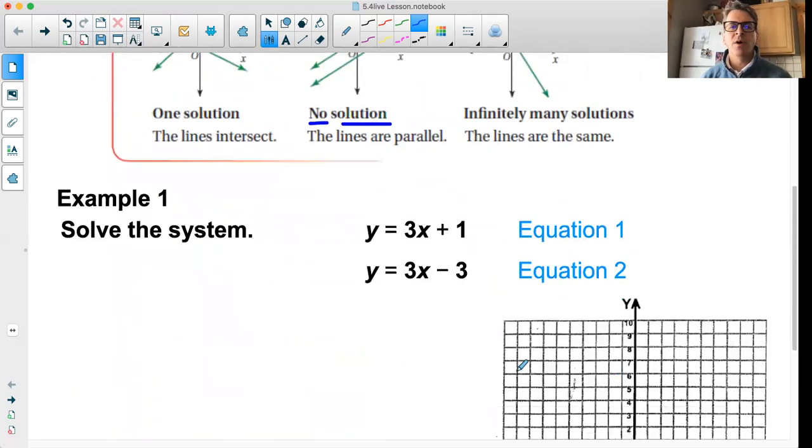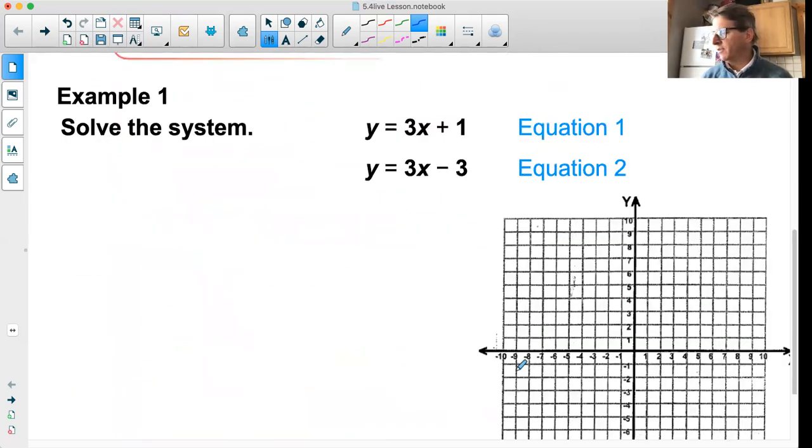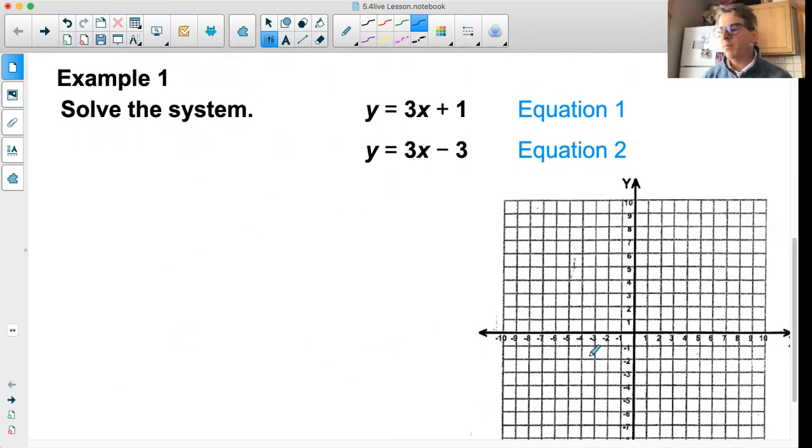Let's look at example 1. Most of this section in example 1, and I'm referring to page 226, starts out with graphing. On page 226, you can see they used the method of graphing to solve the system. They also have the same slope and different intercepts.